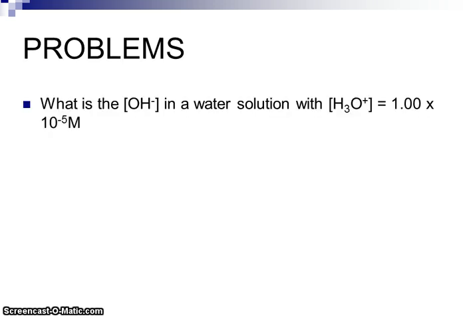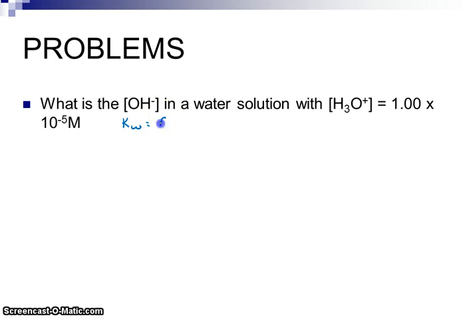So let's look at a couple examples like that first. In our first example, it says, what is the hydroxide ion concentration in a water solution in which the hydronium ion concentration is 1.00 times 10 to the minus 5? So in this case, we're trying to relate hydroxide and hydronium, so we'll write our equation.